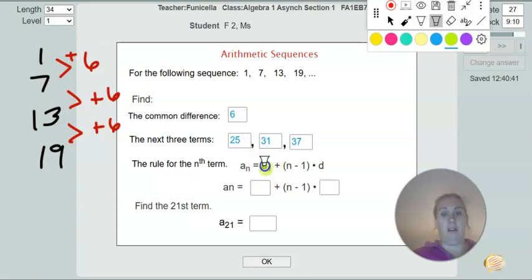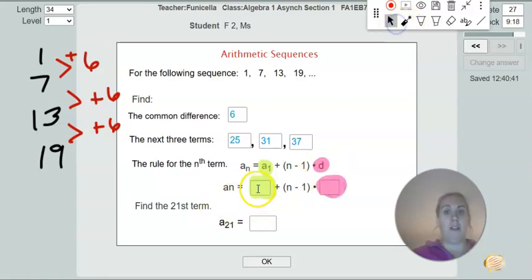Now we're plugging in our first term into the first box and our difference into the last box. So our first term is 1 and our difference is 6.